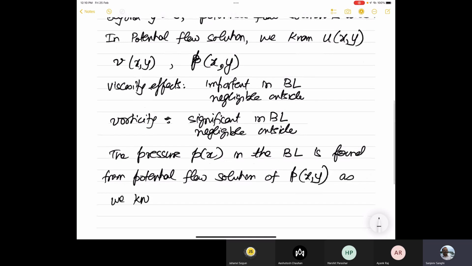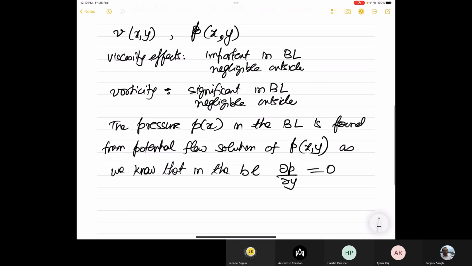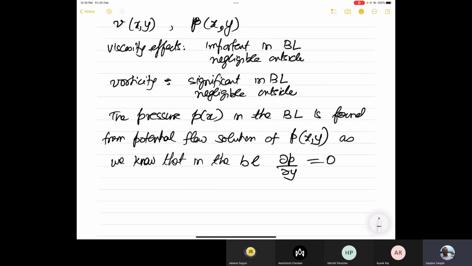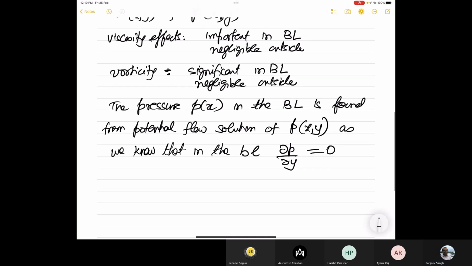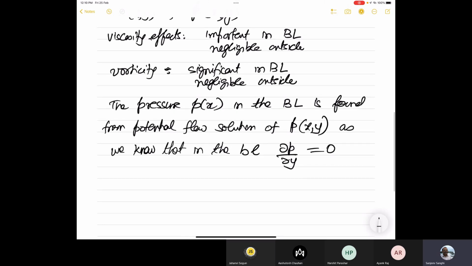As we know that in the boundary layer, pressure does not change with y. So whatever is the potential flow solution at the edge of the boundary layer, that can be used to find pressure in the boundary layer.